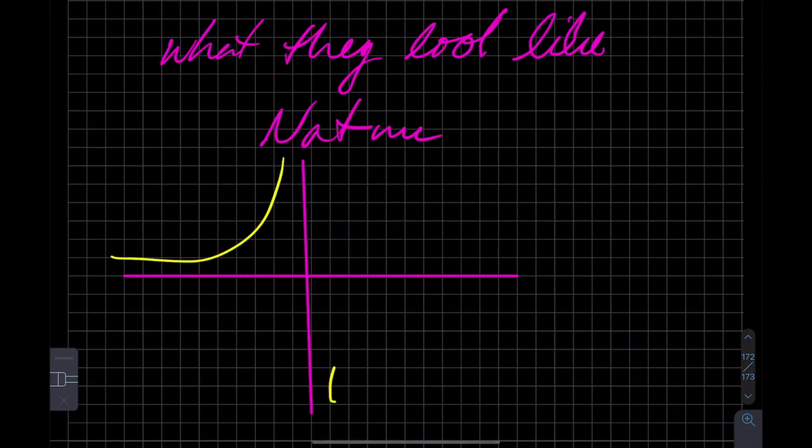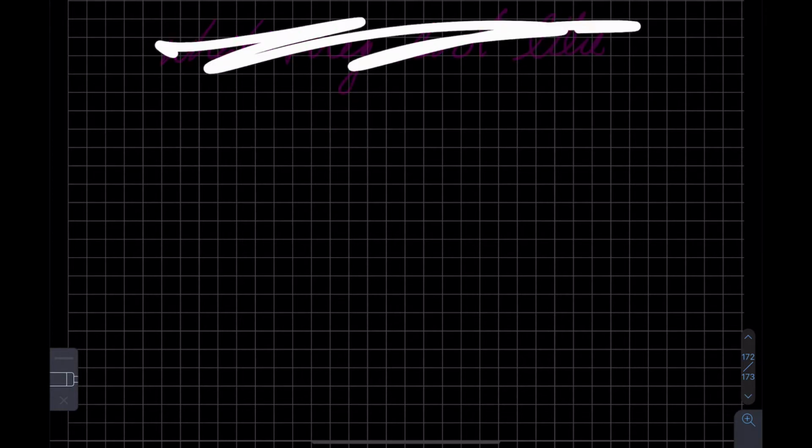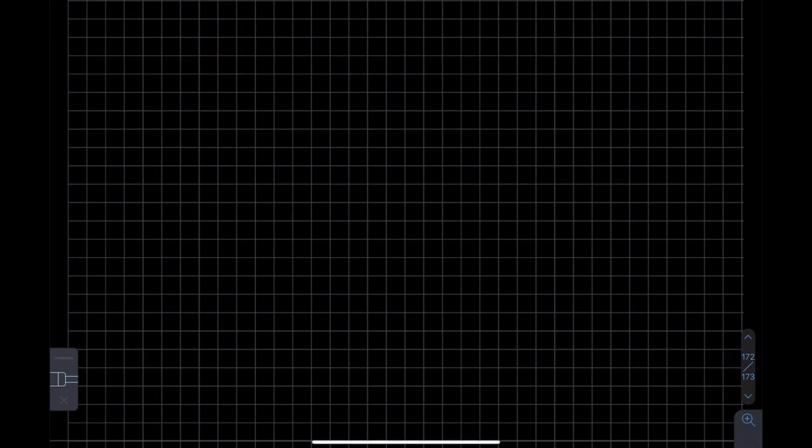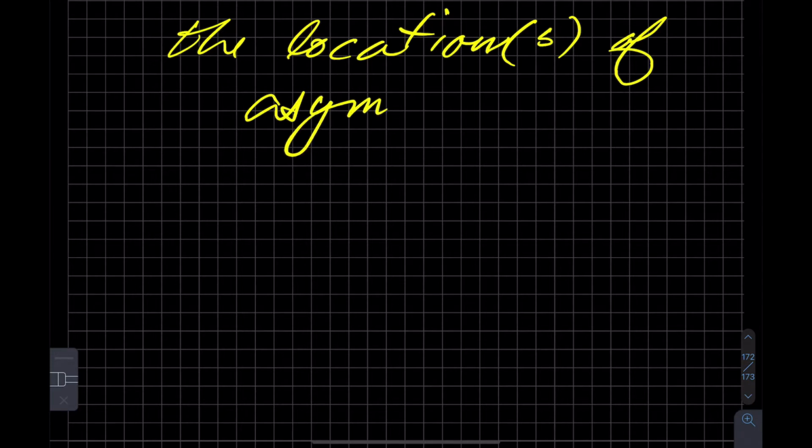Does it look like this or something else? And how we determine how rational functions appear to us when we graph them is by determining the locations of asymptotes.